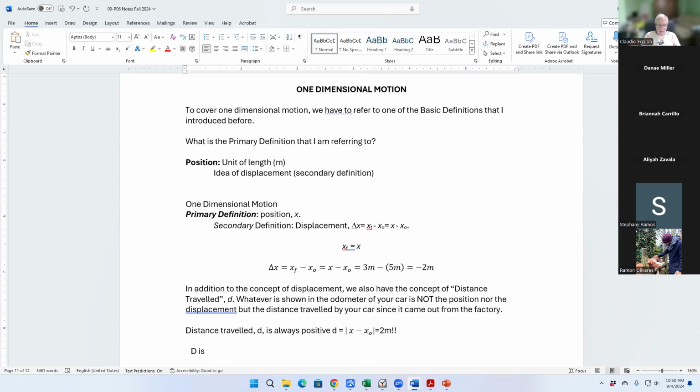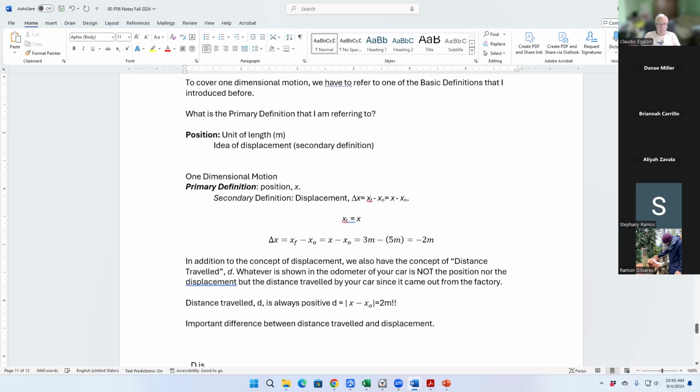Okay, do you see the difference? Important difference between distance traveled and displacement. Okay.